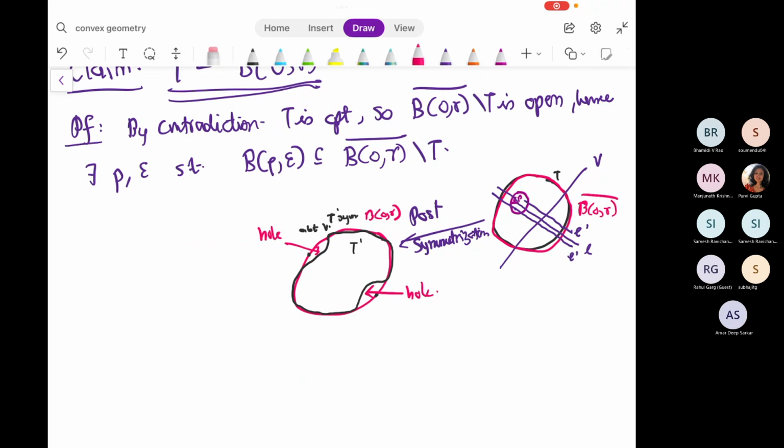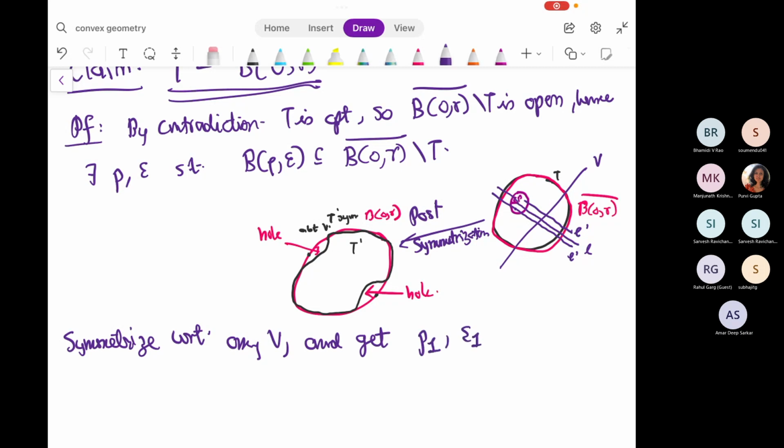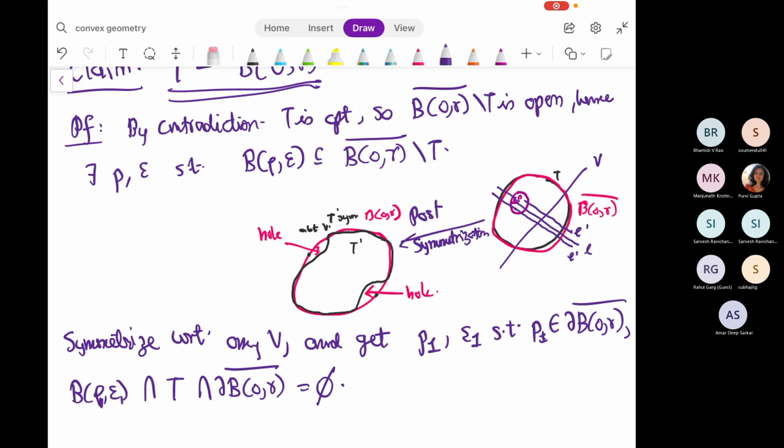So once you have BP epsilon such that BP epsilon is contained in this particular intersection, then you can symmetrize with respect to any P and see that you will get at least one point, say P1 and epsilon 1, such that P1 is in the boundary and the ball of radius P1 epsilon 1 intersection with T intersection with the boundary is empty.